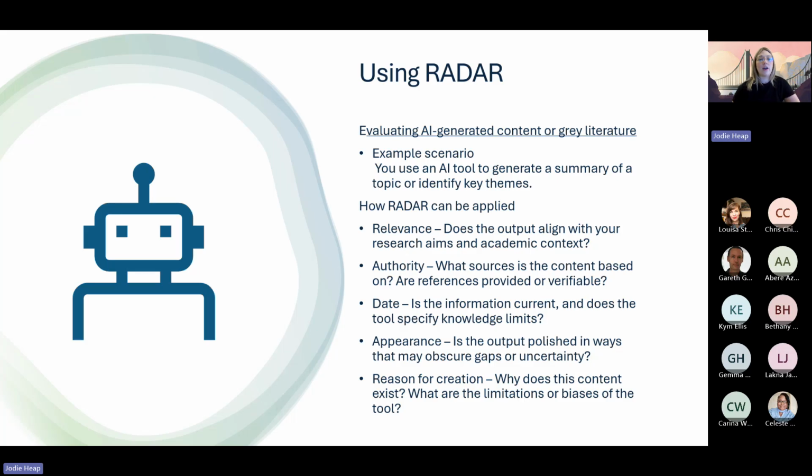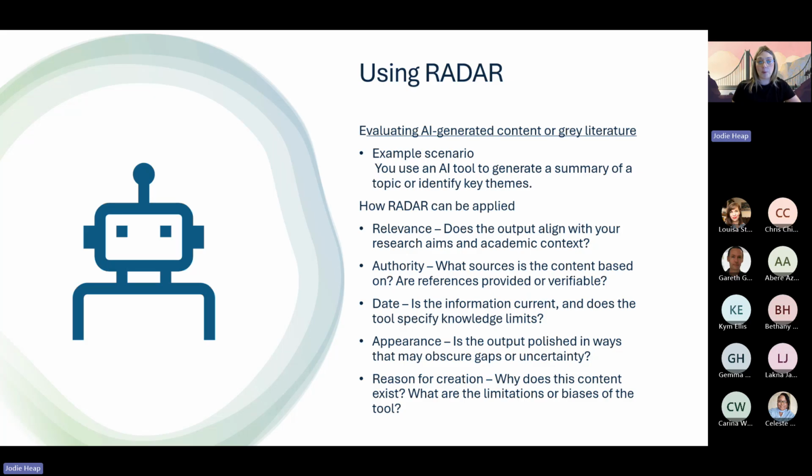So the example that we've got is to use an AI tool to generate a summary of a topic or identify key themes. So we're looking to use the AI software to create a summary of the articles, or we're using a product which can help search and aggregate the information.